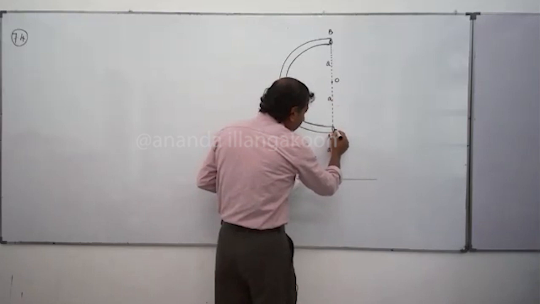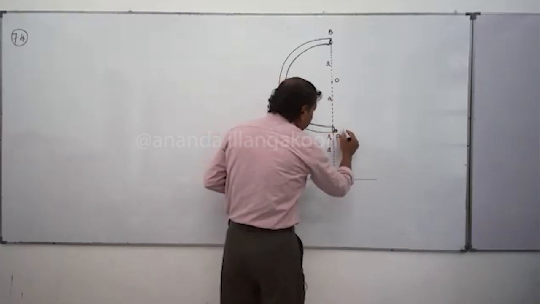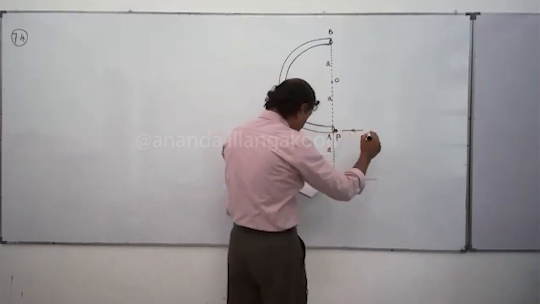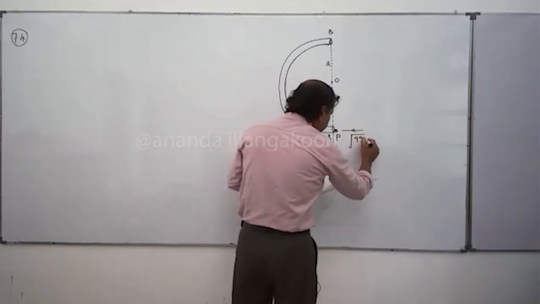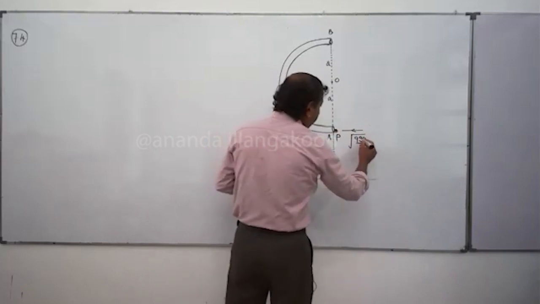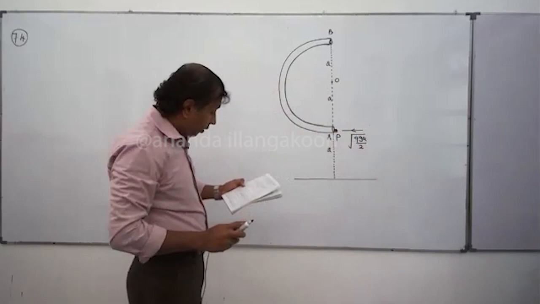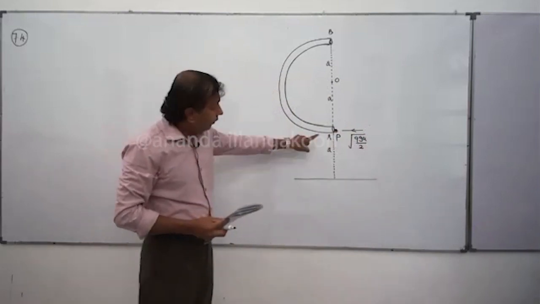Particle P is projected with the speed root 9ga by 2. Now the particle P moves inside the tube like this.